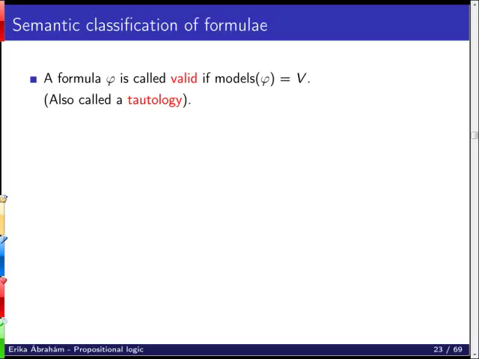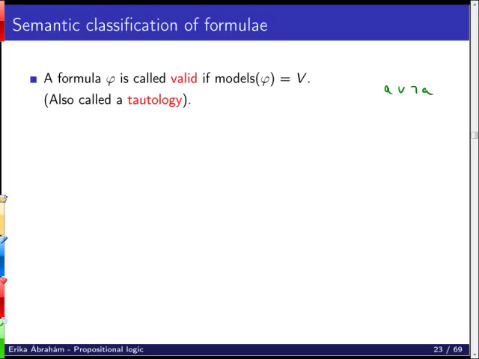That means the truth value is independent of the values of the variables. Can you tell me a valid formula or a tautology? Yeah, A or not A. Actually, this is how we defined true. Independently of the assignment of the value to A, this is true.